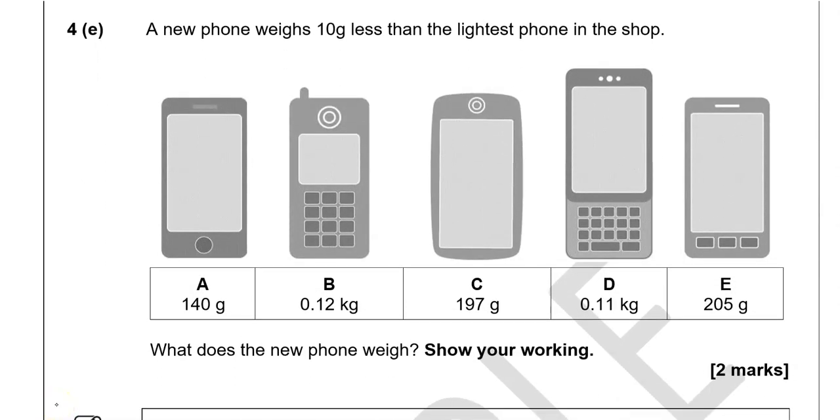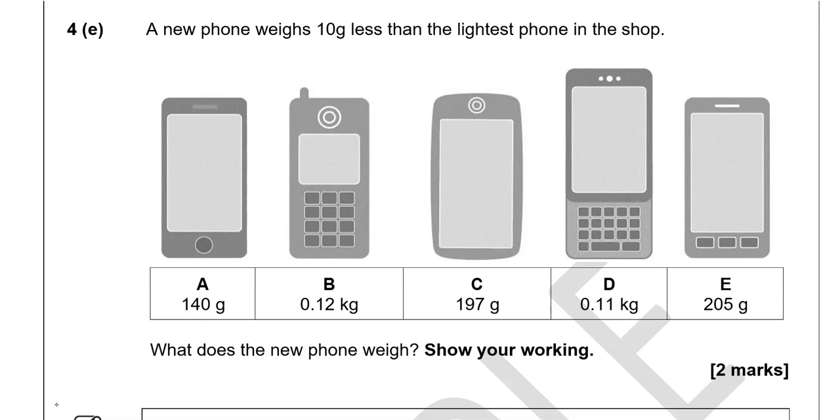A new phone weighs 10 grams less than the lightest phone in the shop. What does the new phone weigh? Show your working. So the lightest of them all, out of A, B, C, D, and E, let's work it out. So we're going to convert the kilograms into grams.